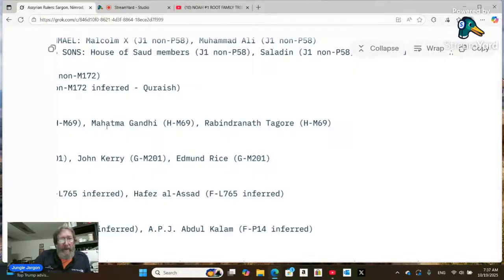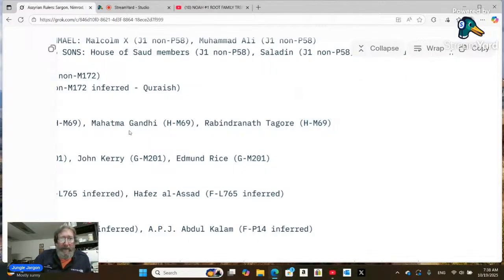But then we got Mahatma Gandhi is Elamite, and Rabindranath Tagore, also Elamite, which is pretty interesting because they're supposed to be from India, which is where the H haplogroup is.